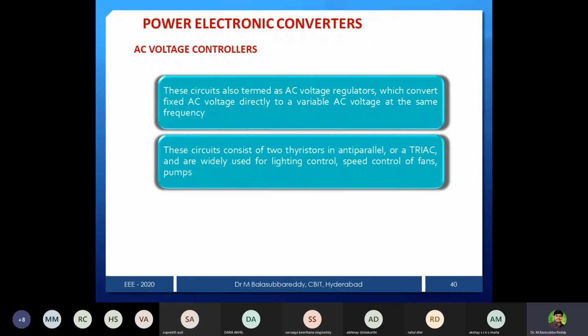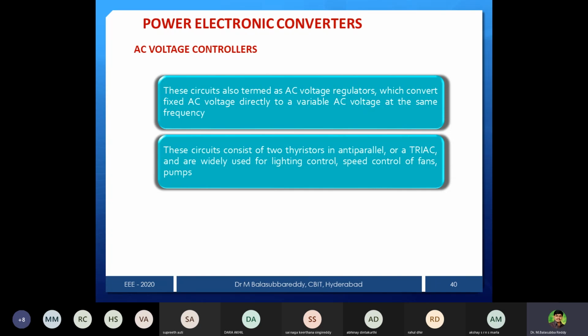If the rating is low, then we can connect one triac directly instead of using two thyristors in anti-parallel.